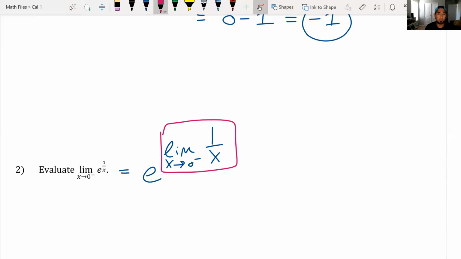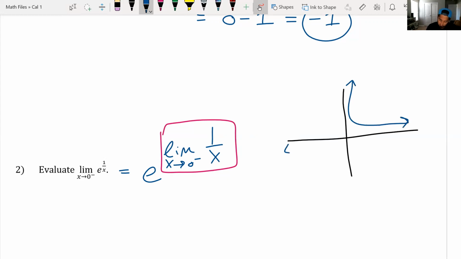Okay, you can whip out a calculator, but like I said, I'm going to save us some time. I'm going to think of the graph of 1 over x. We solved this on the last set of notes. 1 over x looks like this. There's 0. So we will use this graph to help us evaluate the limit as x approaches 0 from the left of 1 over x.